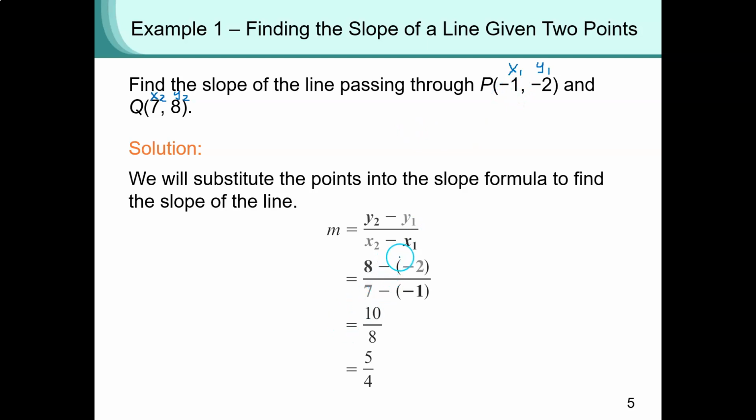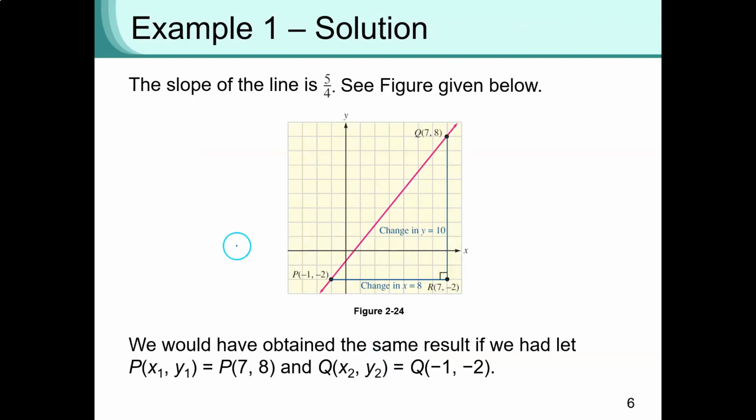Now this double negative sign turns to a positive, so we get 10 over 8. Simplify 10 over 8 is 5 over 4. So this is a positive slope, 5 over 4. The slope of the line is 5 over 4, a positive slope, so you will have the going up direction.